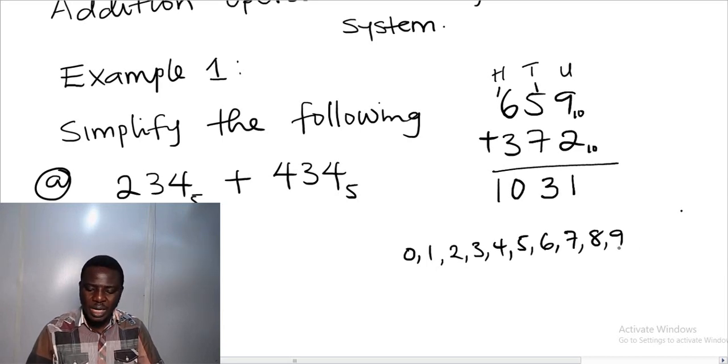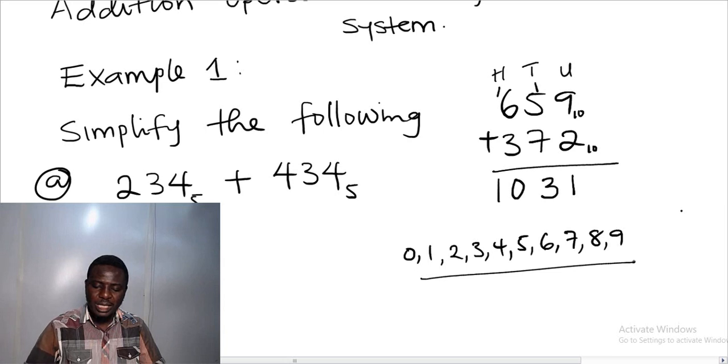So by adding 9 plus 2, we said 9 plus 2 is 11. But since 11 is not a digit in base 10, all you do is divide that sum by the base, write down the remainder and carry the multiple up. 9 plus 2 gave us 11. 11 divided by 10 is 1, remainder 1.